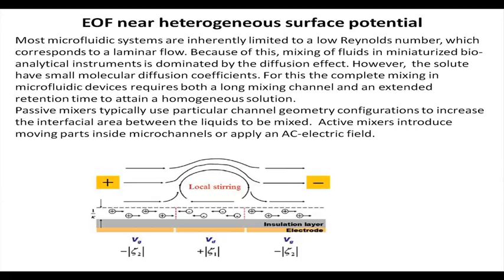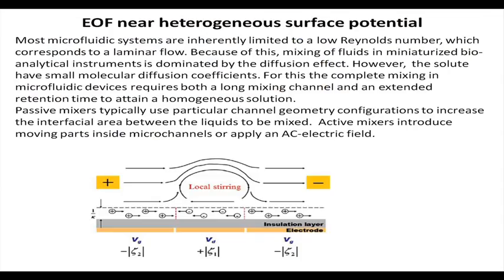Now this has an advantage. The surface heterogeneity sometimes is also generated because of this formation of recirculation and the induced pressure development and other things. What happens is that if you introduce electrodes along the surface, we will have a different form of the zeta potential.